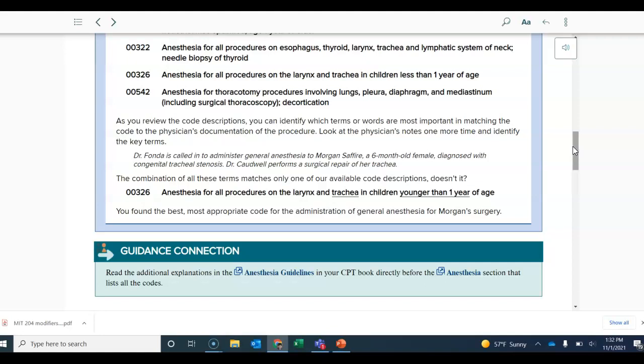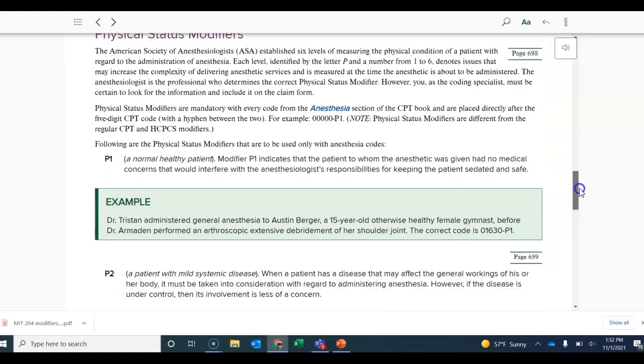So flip to page 72 in your CPT book, okay? And here's where we go back to these physical status modifiers. Okay, so look on page 73. All right, so it says, right under there, all anesthesia services are reported by the use of an anesthesia 5-digit procedure code 00100 to 01999, plus the addition of a physical status modifier.